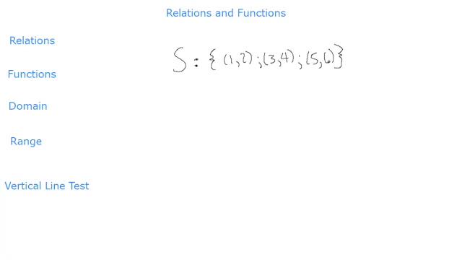You've heard about that before. An ordered pair is just a fancy way of writing inputs and outputs. In other words, what these three ordered pairs are telling us is when I input 1, I get out 2. When I input 3, I get out 4, and so on and so forth, right?